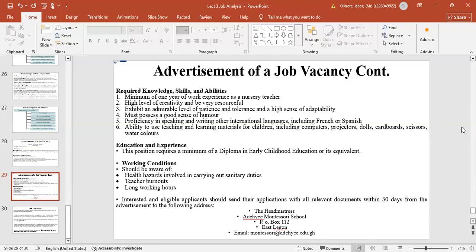Class rep, whenever we are supposed to meet face to face, you tell me beforehand, okay? Reverend.